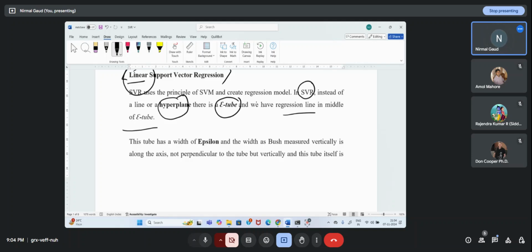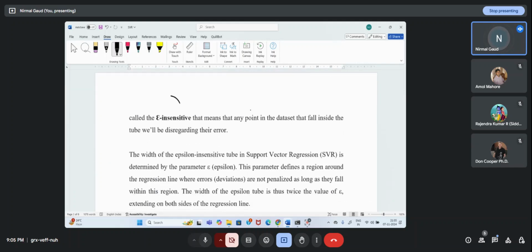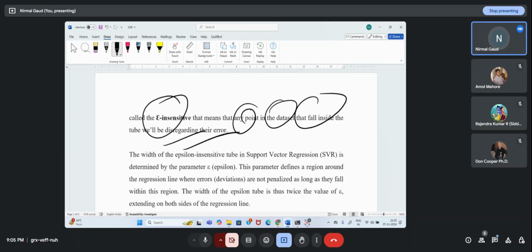You have seen it just now. What is epsilon? Epsilon is the width of the tube, which I already showed you, measured vertically along the axis, not perpendicular to the tube. This tube itself is called epsilon insensitive. That means any point inside this tube will be considered error free.